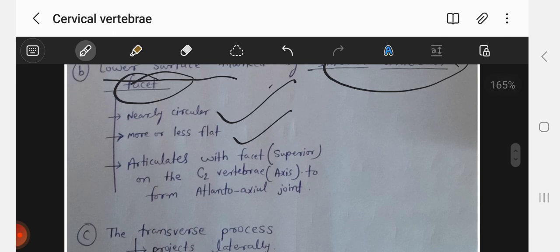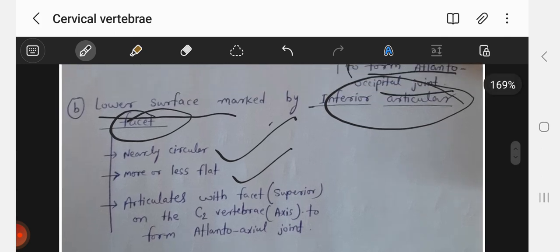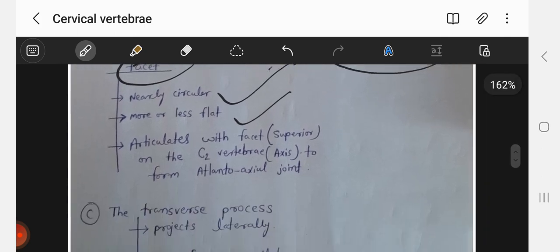An important feature of the inferior articular facet is that it forms the atlantoaxial joint, which articulates with the facets on the C2 vertebra.